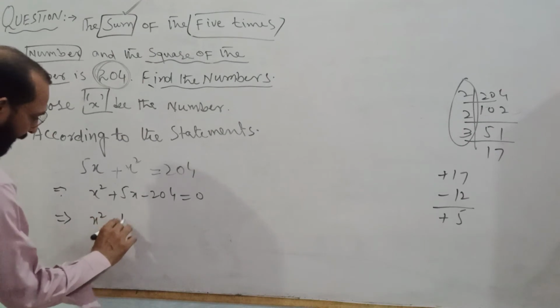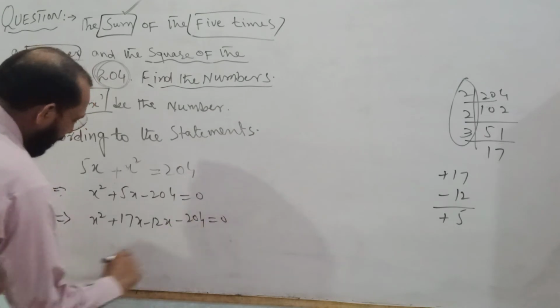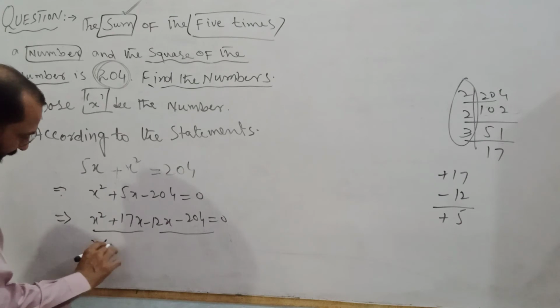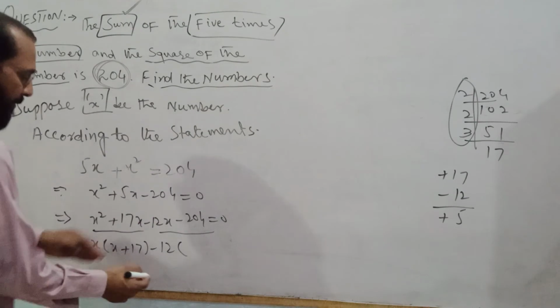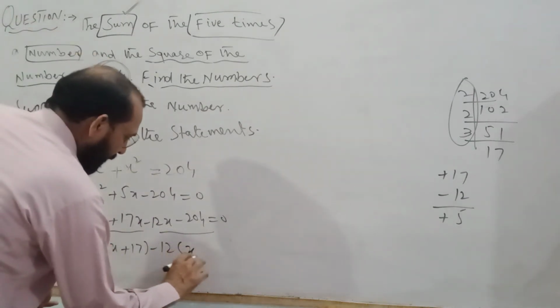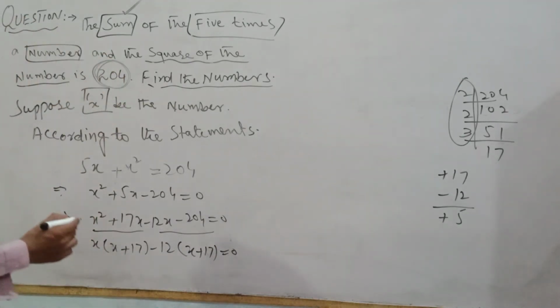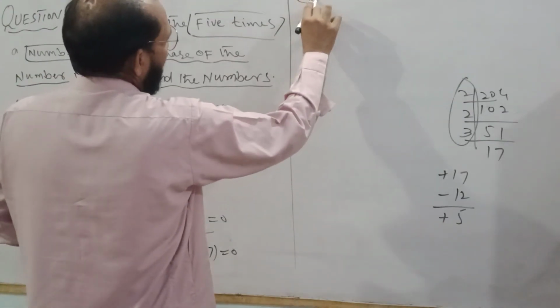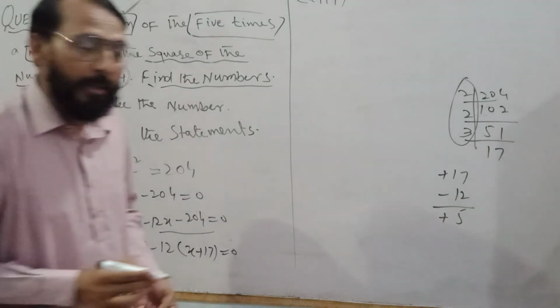Okay. After factorization, we can write x square plus 17x minus 12x minus 204 is equal to 0. We consider two factors. x will be common in the first pair, x plus 17, and from the 12 with the negative sign we take the common x plus 17. Okay, these will become two factors: x plus 17 and the other factor is x minus 12.